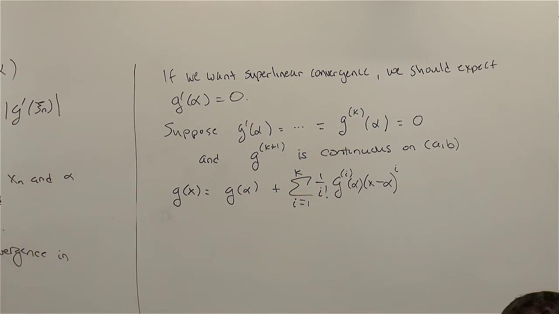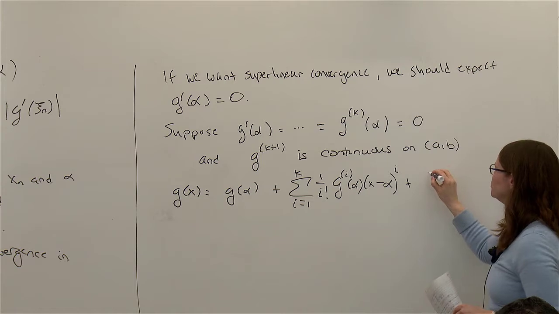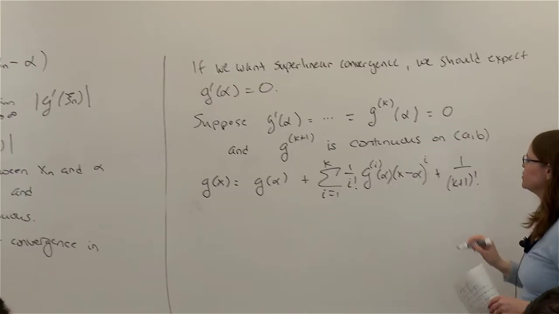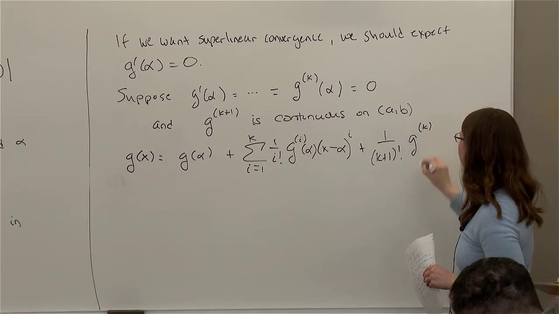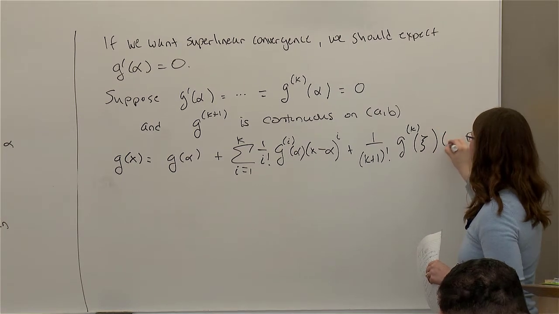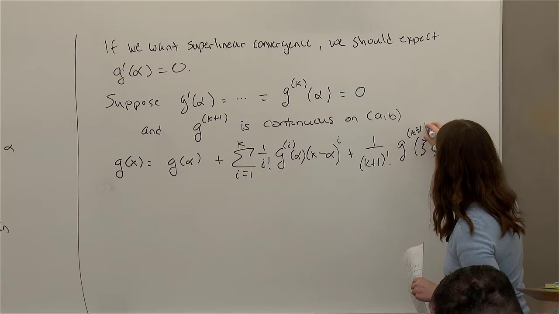Then I have an error term, and the error term is important. It always just looks like the next term in the Taylor series, with the exception that I don't exactly know what value I'm plugging in. So this should be k plus 1.